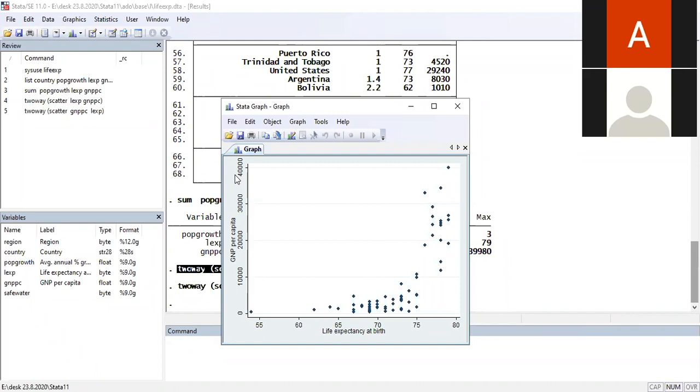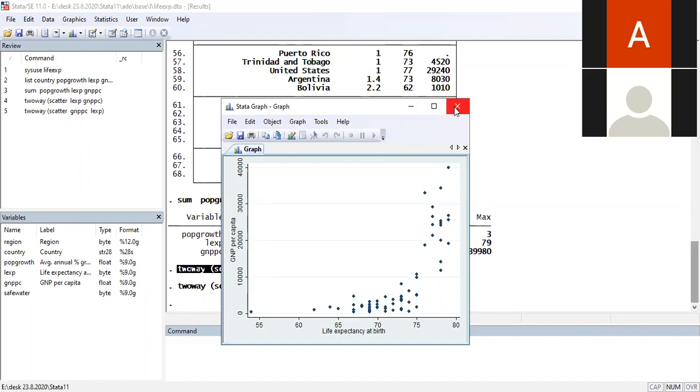Then you can do a scatter diagram to give a cursory look at the relationship. You can see that there is a positive, direct relationship. One increases, another also increases. When you do research, these are good ideas to do.